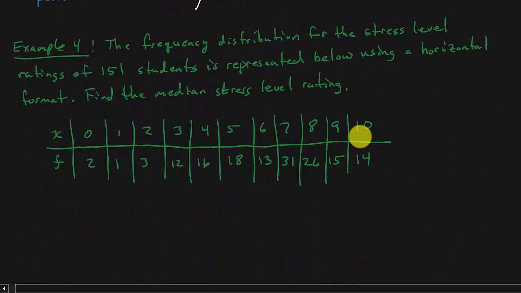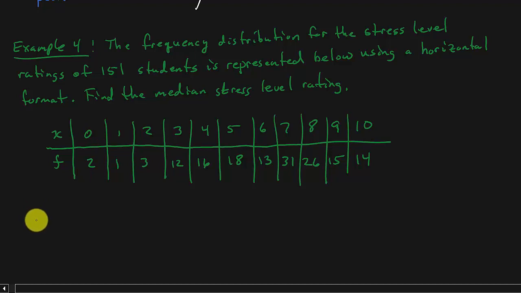All right, so what we will need to do is we want to find the median of this. All right, so one thing that you can do is you could actually write out all the values in here, okay? So for the number 0, there's 2 of them.